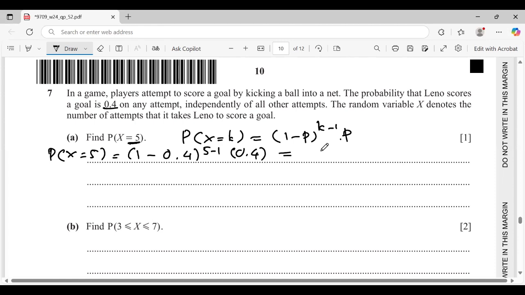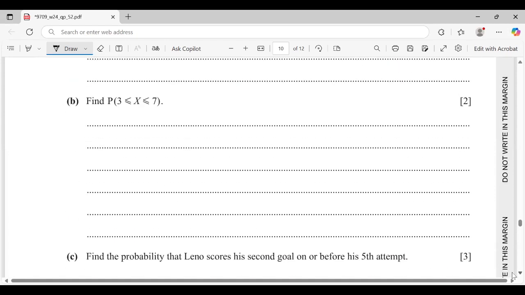And if you calculate, this is 0.6 to the power 4 times 0.4, and the result is 0.05184. Next question, B. Find the probability x greater than or equal to 3 and less than or equal to 7.